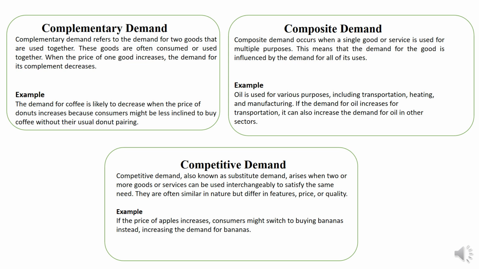If the price of apples increases, customers might switch to buying bananas instead, increasing the demand for bananas, right? So if apples go higher, and I want to have fruits to stay healthy, then I will switch to buying bananas, and this will lead to an increase in the price of bananas. So far clear? Then please let me know. Complementary, composite, and competitive.